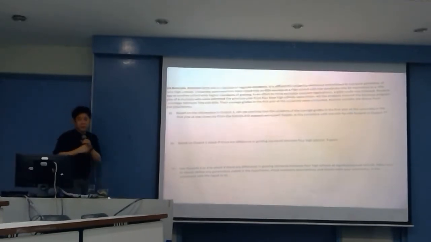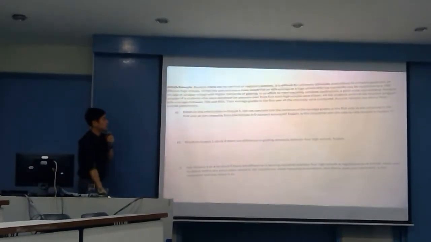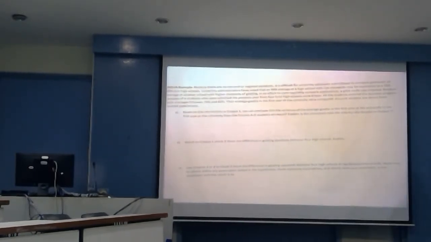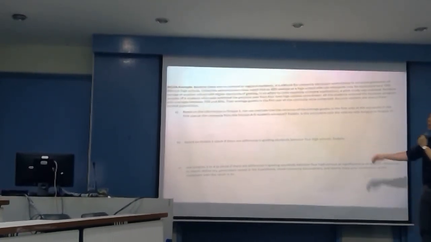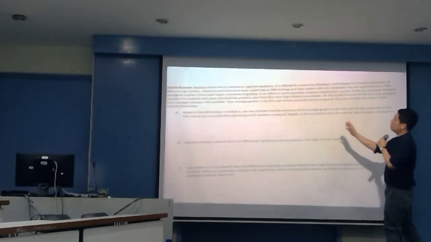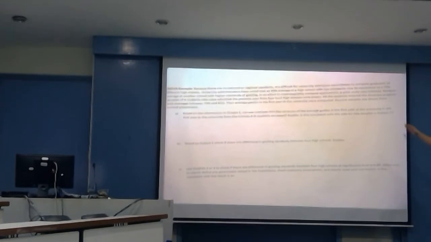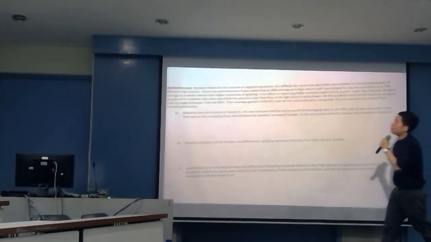Another sheet says ANOVA examples. ANOVA. Right? So this one, the setting says that because there are no national or regional standards, it's difficult for the UC admissions committee to compare graduates from different high schools.